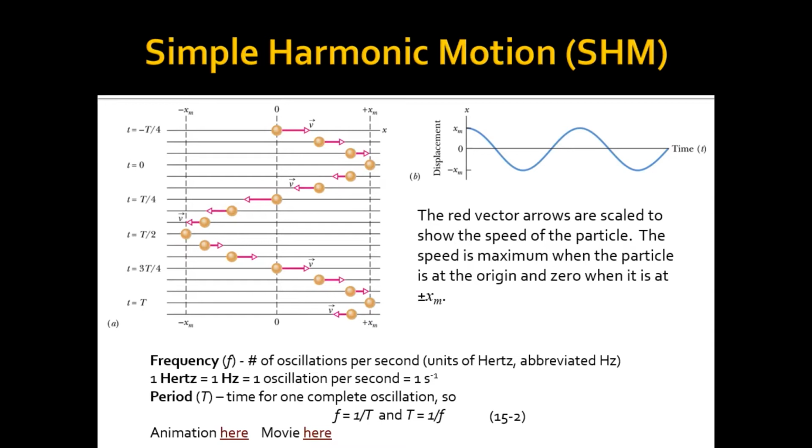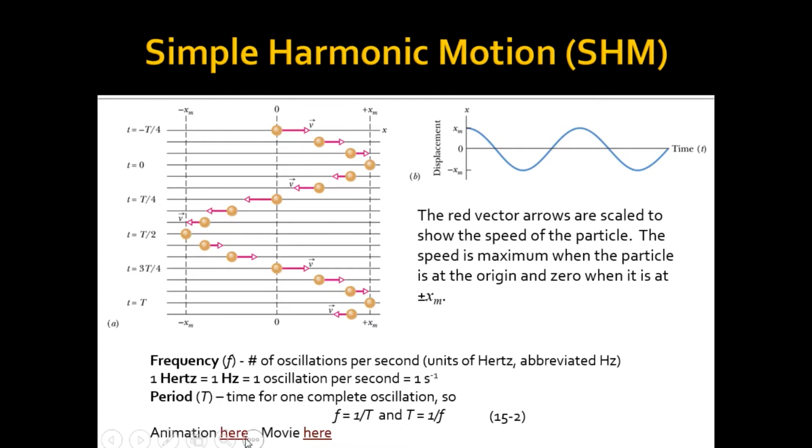There's 10 oscillations in a second, so each of them is 1/10 of a second. If there were 5 oscillations in 1 second, then each oscillation would take 1/5 of a second, and so on. So the frequency and the period are reciprocals of one another.